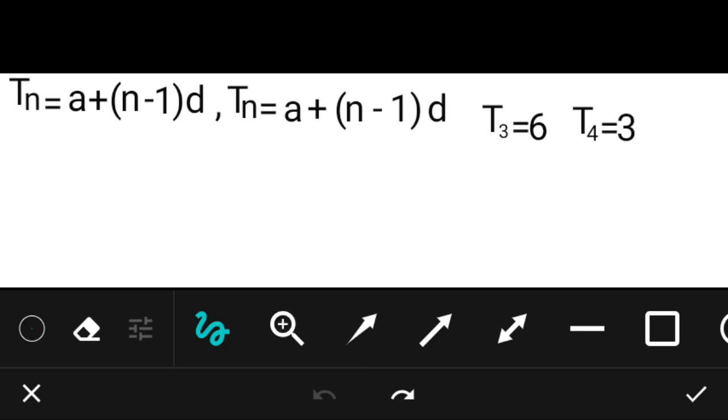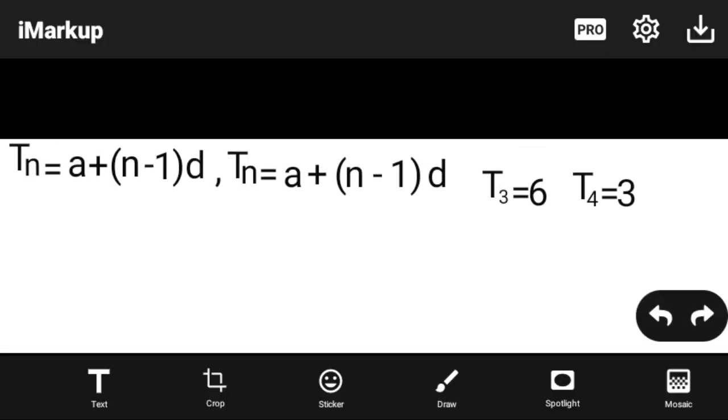So they are saying the third term, meaning term 3, was what? 6. So here where you have Tn, that's where you are going to put this 6. So we put 6 there, then 6 is equal to the first term.